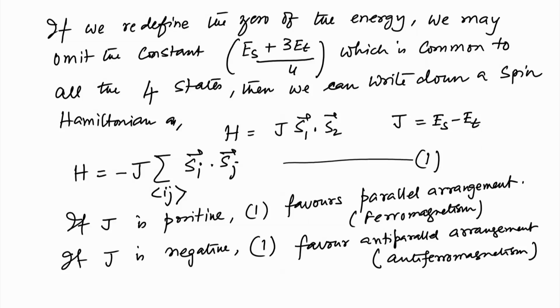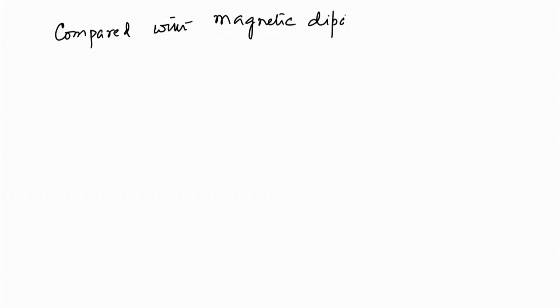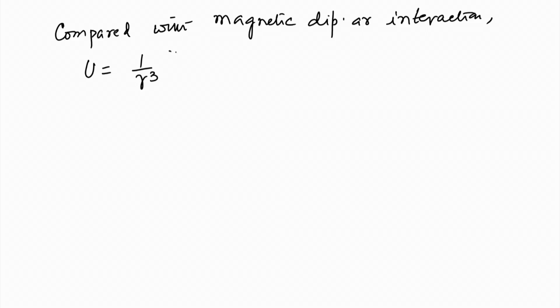And so, this can be actually compared with the magnetic dipolar interaction. Like this, which is 1 over r cube, and it is m1 dot m2.